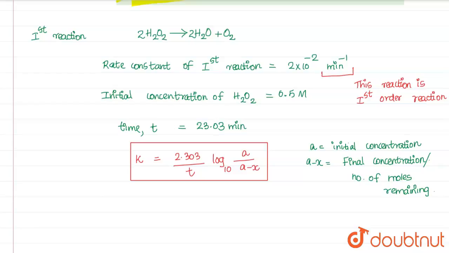Okay, so let us write that. K is given that 2 into 10 raised to minus 2 minute inverse is equal to 2.303 divided by 23.03 minute.